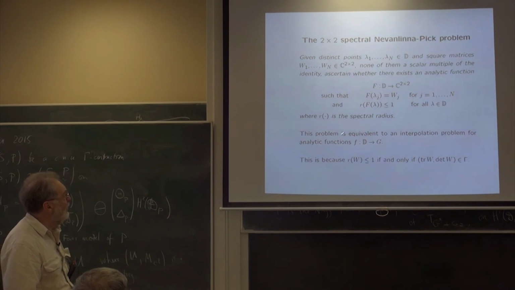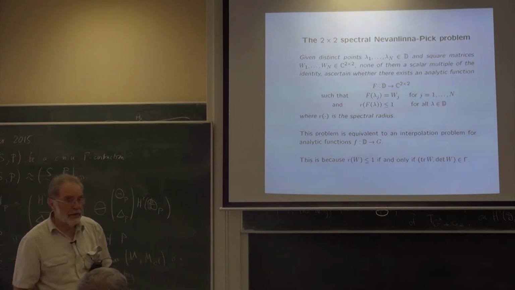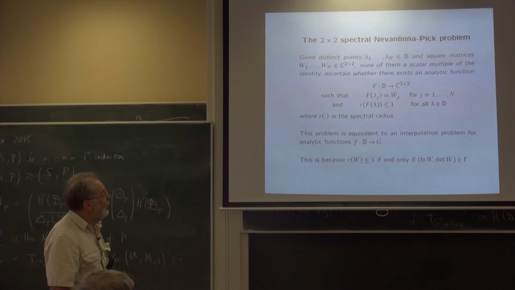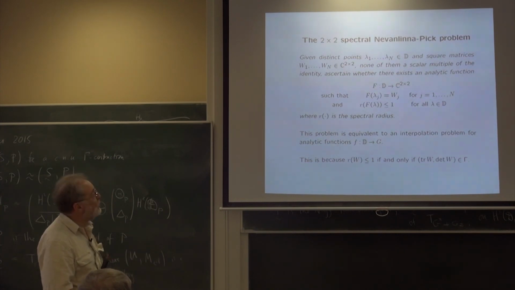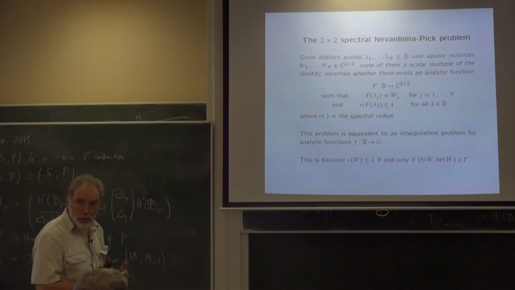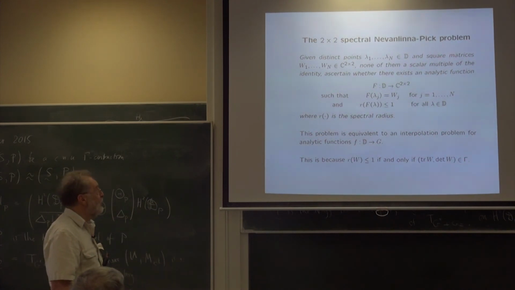In the case of the norm, the classical theory, the Pick theorem, goes through with rather minor modifications, and you get a very elegant and very well-known criterion for the existence of a function f that does this. But when instead of the norm you have the spectral radius, this problem is unsolved. Nobody knows how to do it.